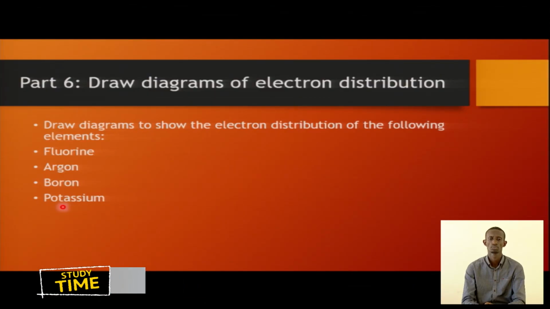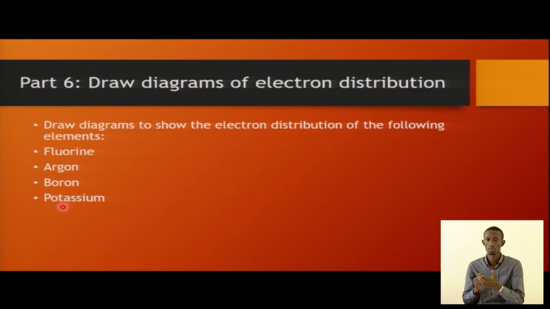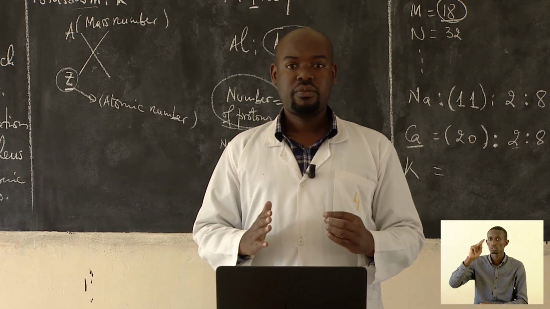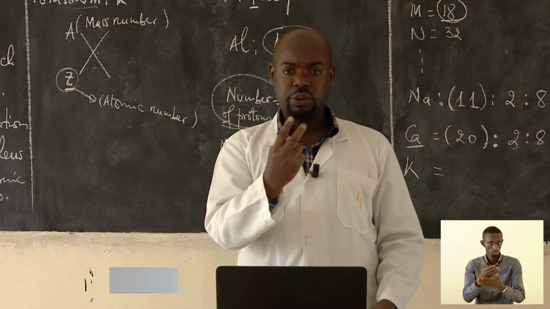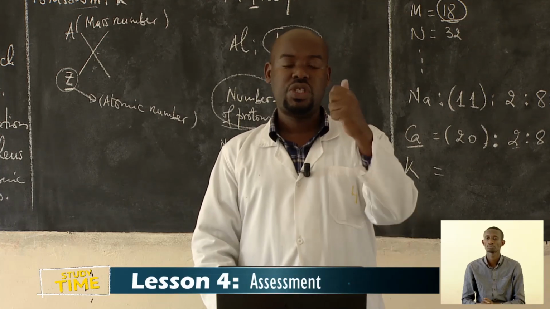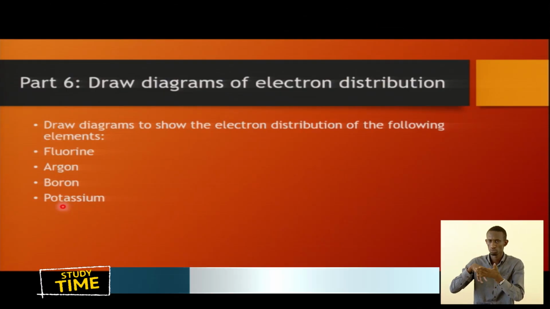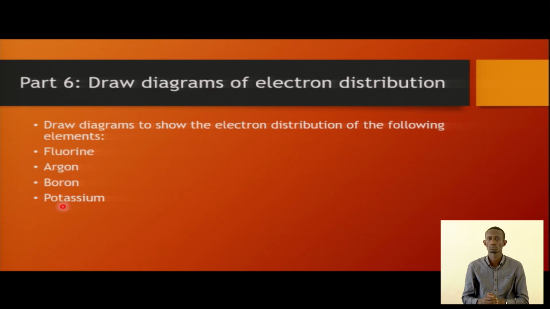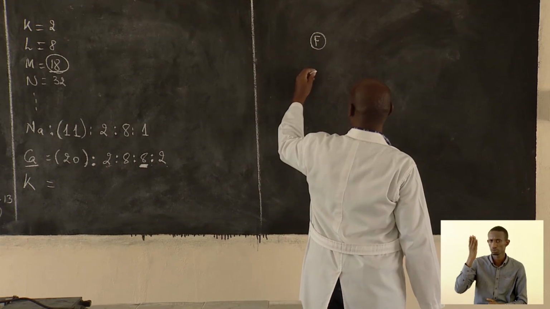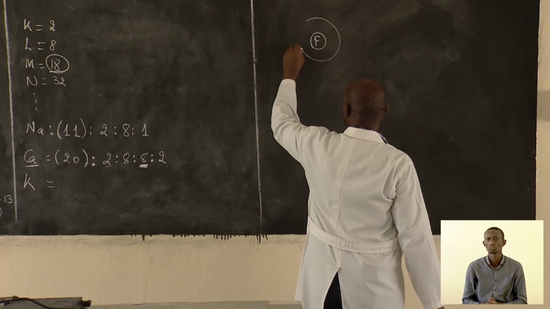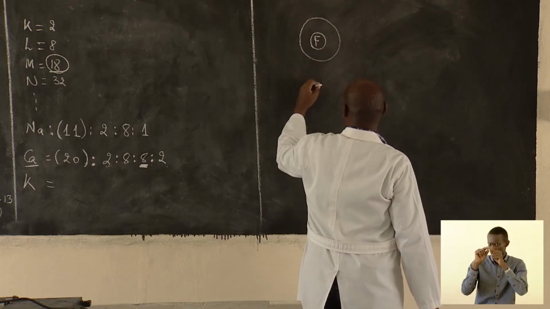And the last part of our exercise is to draw the diagrams to show the electron distribution. We have 2 methods. We can use the numbers or use diagrams. Now we have fluorine and argon. For fluorine, it's this one. The first circle represents the nucleus, and the second represents the first energy level.